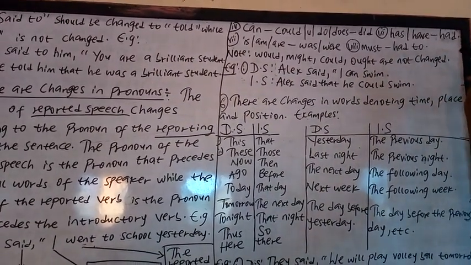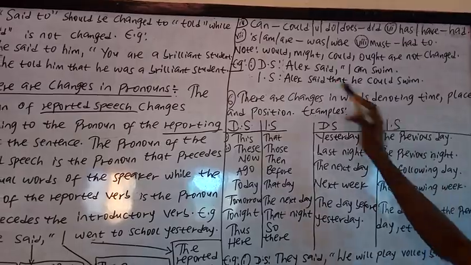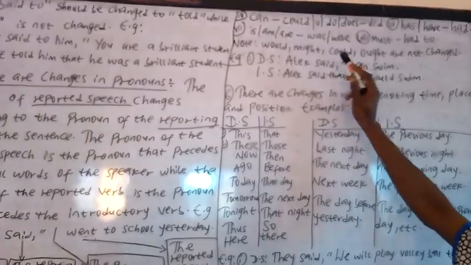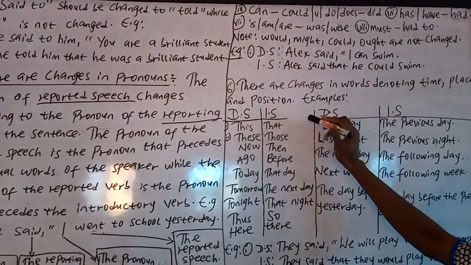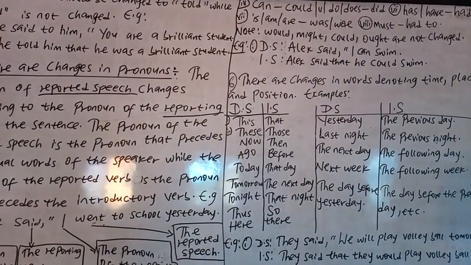Must changes to had to. Please note, would, might, could, ought are not changed. So when you see them in direct speech, they remain the same.